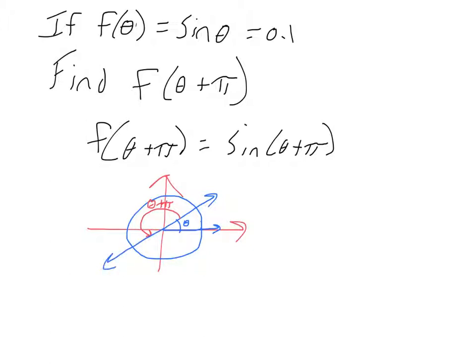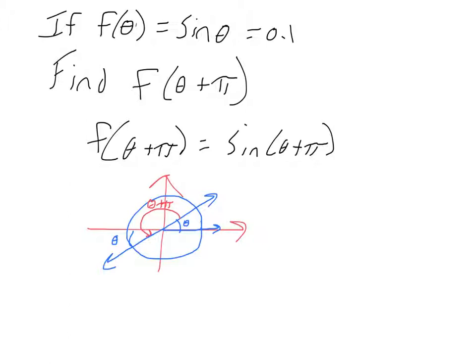So that's 180 degrees, and so now I'm down here. And because of that, geometrically, the reference angle is going to be the same, right? If I add pi to it, do we see that? We have vertical angles there. So as a result, those angles have to be equal to each other.